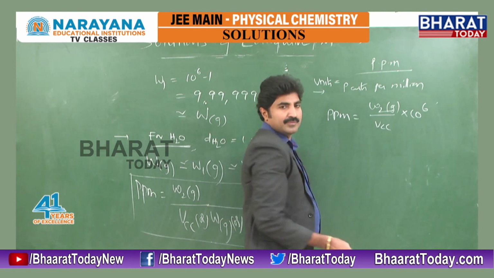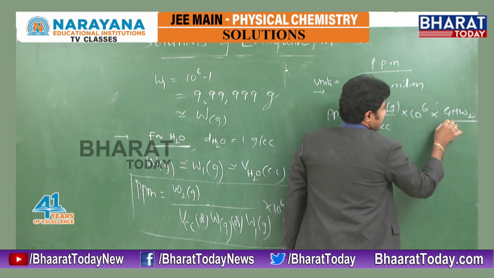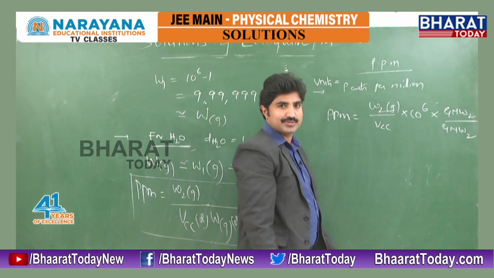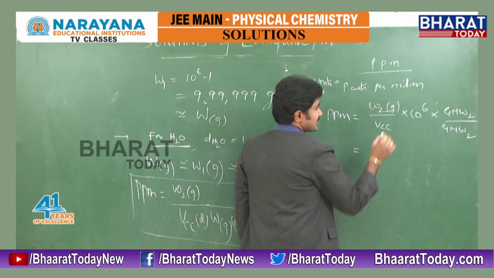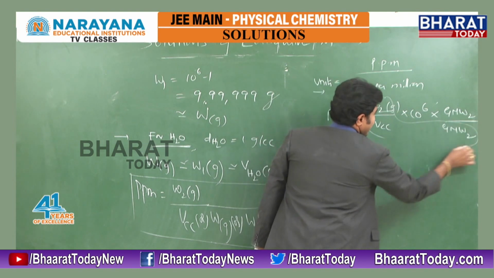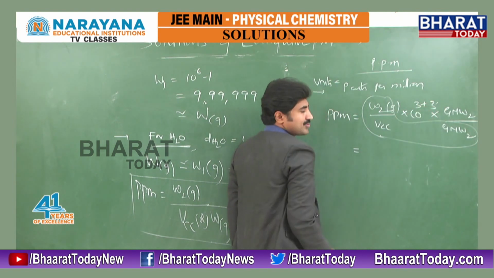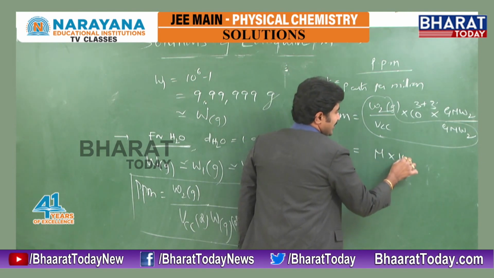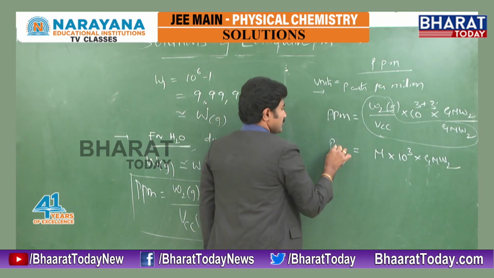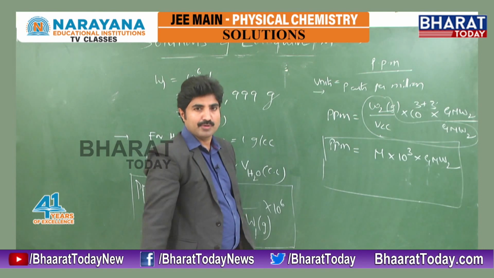If you modify this expression, multiplying and dividing by gram molecular weight of the solute, we know W2 by V in cc by gram molecular weight of the solute into 1000 is molarity. Therefore ppm is molarity into 10 cube into gram molecular weight of the solute. So from this we get the relation between ppm and molarity.